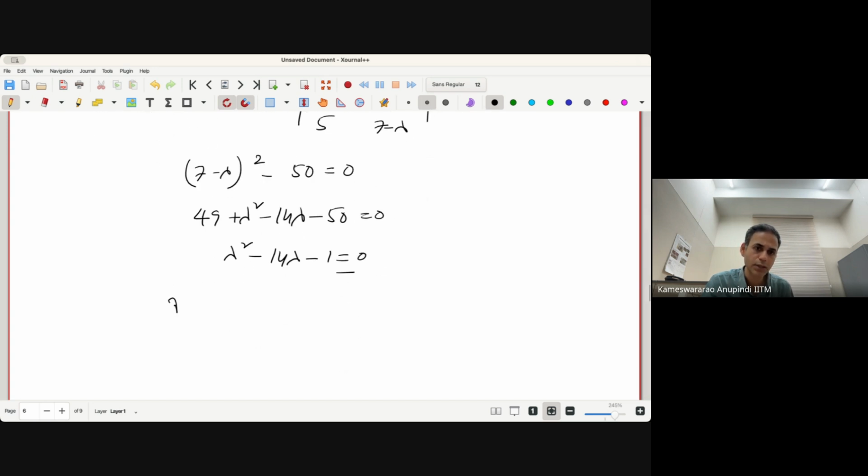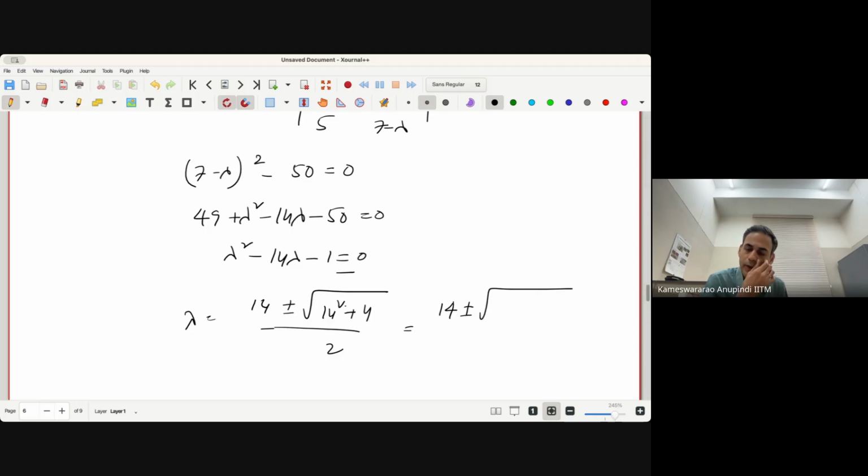So essentially lambda equals minus b plus or minus square root of b square minus 4ac by 2a. We're going to get 14 plus or minus square root of 14 square plus 4. That is how much? 256. 256 plus 4, 260, is it? I think it is 260 by 2.